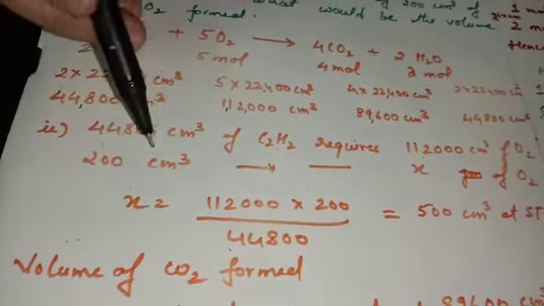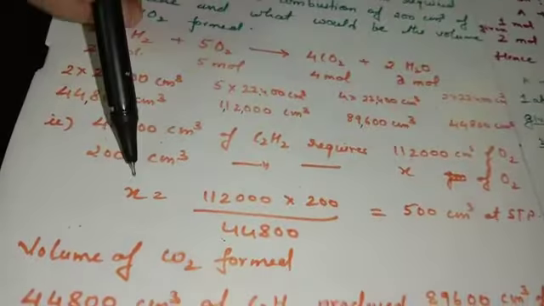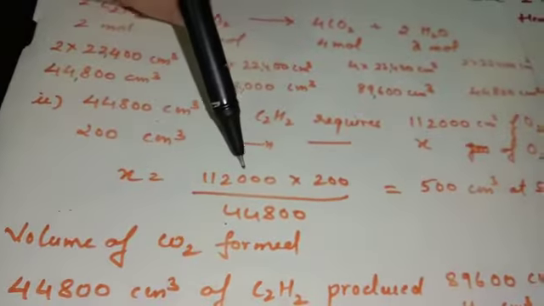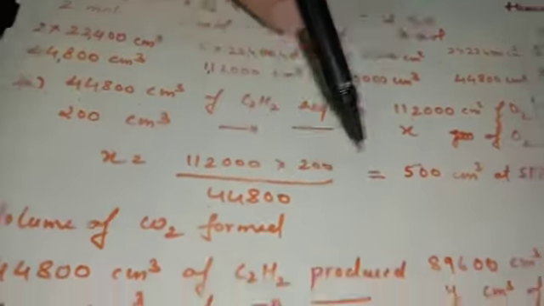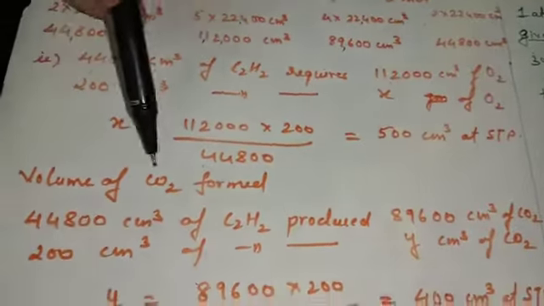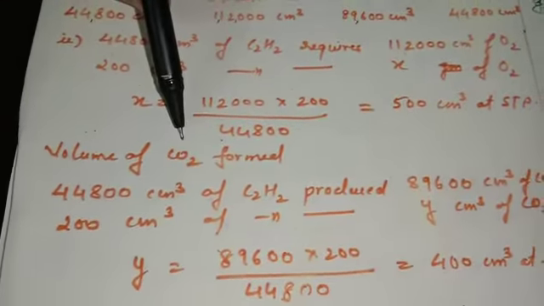Then for 200 centimeter cube of acetylene, how much oxygen is required? By the unitary method you can calculate x is equal to 112,000 multiplied by 200 divided by 44,800. It comes to 500 centimeter cube at STP. Now, the volume of carbon dioxide formed. The second step is to calculate the volume of carbon dioxide.